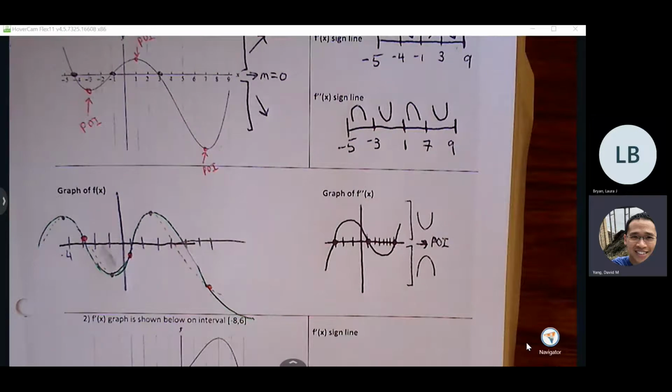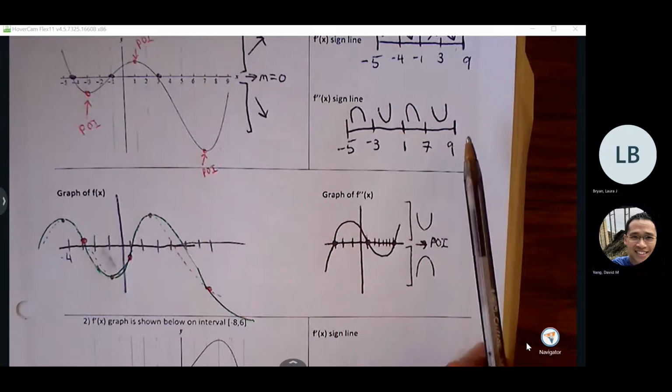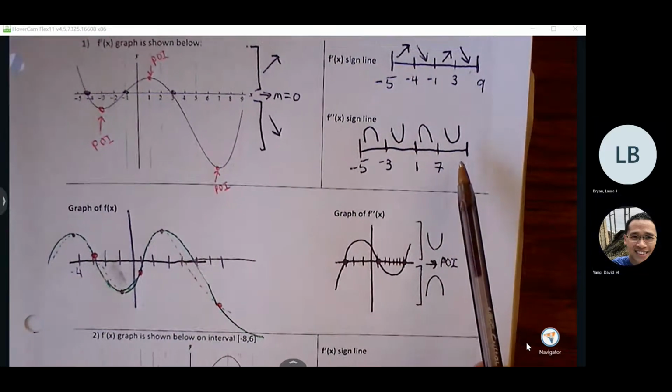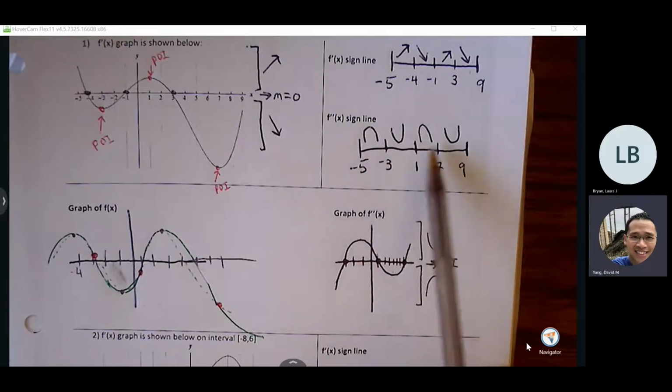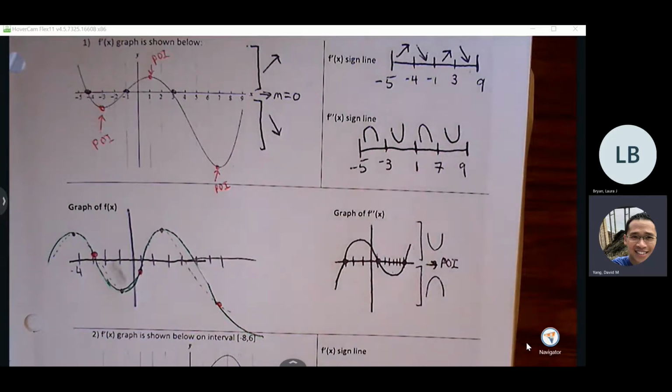Okay, how is that? Oh, so concave down, concave up, concave down, concave up. So all of these properties are accounted for.